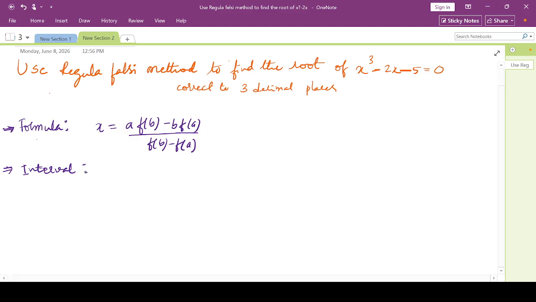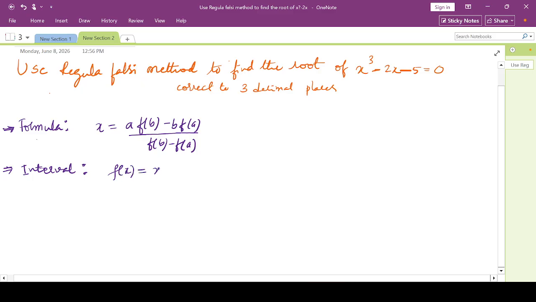So this is the important step. We are finding the root of an equation. As we know, for substituting values in the given equation, first you can write f of x.